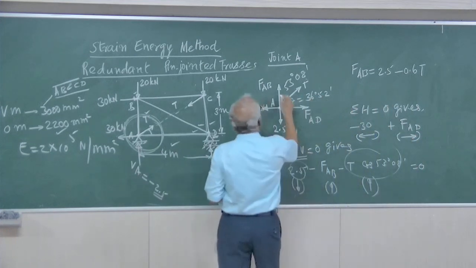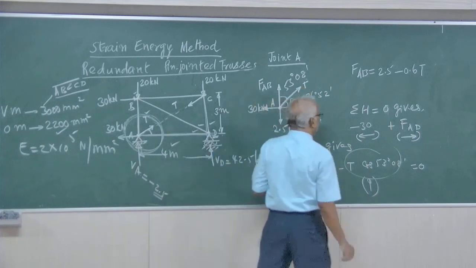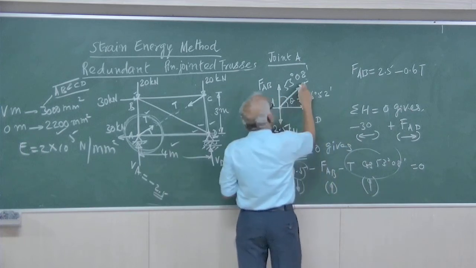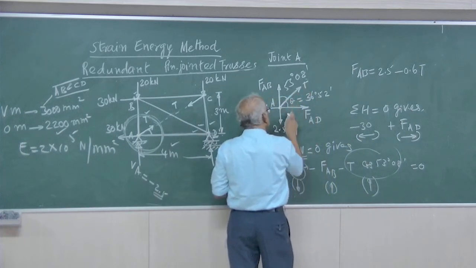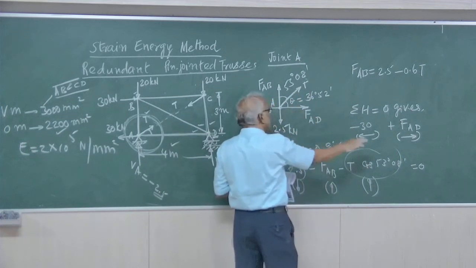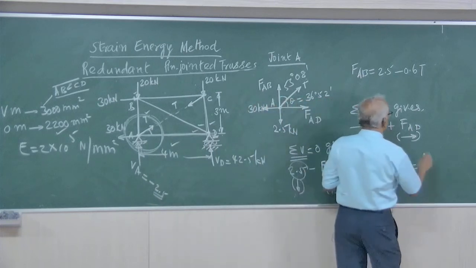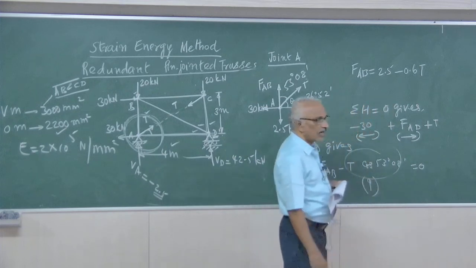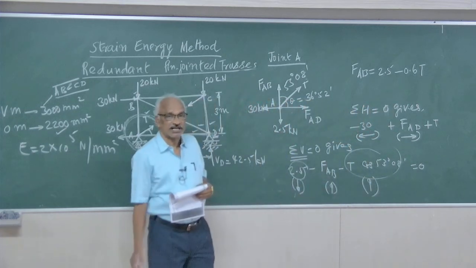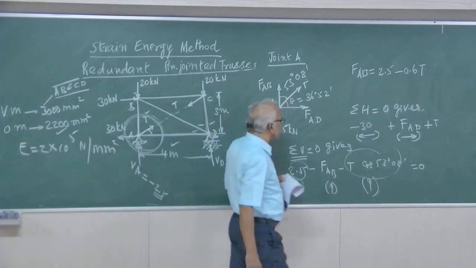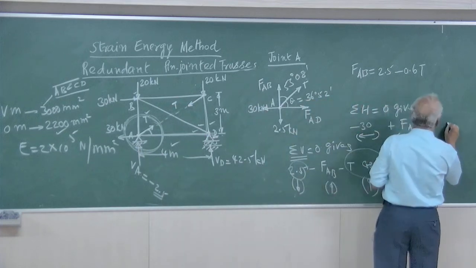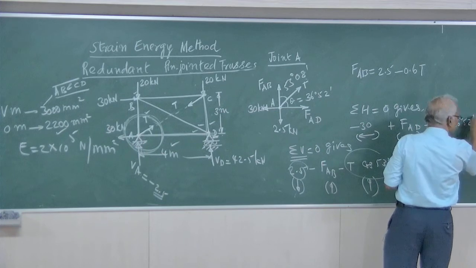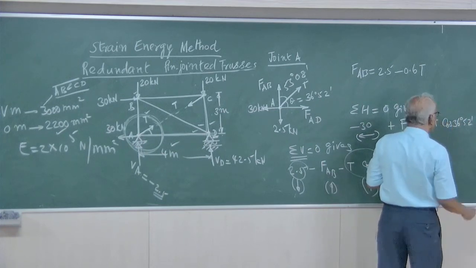Then T into... that also, since we have assumed this to be tensile, when this is resolved in the horizontal direction, it will give you a component towards right. Therefore, plus T into cos of its angle with the horizontal, that is cos 36 degrees 52 minutes.